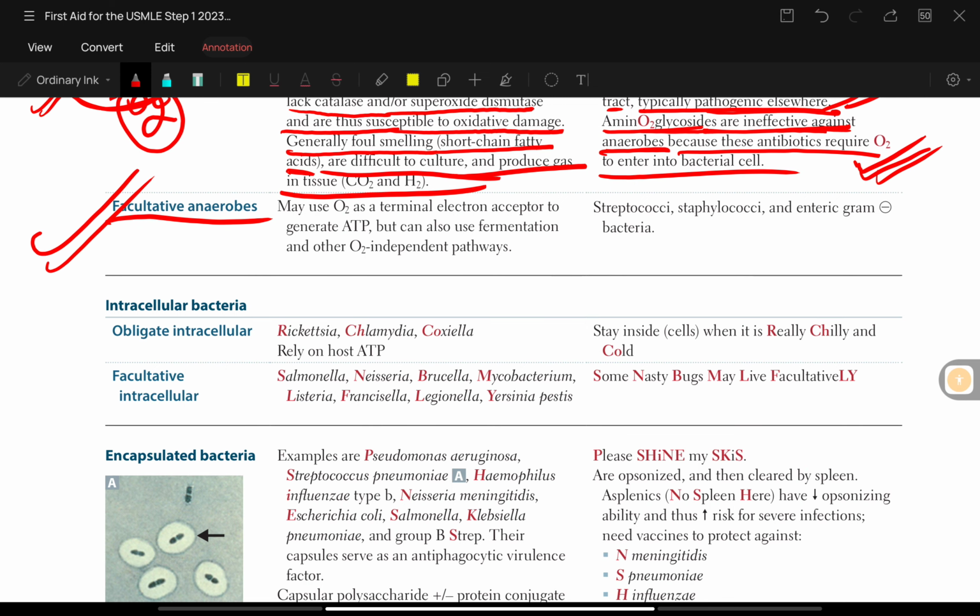Now talking about facultative anaerobes. Anaerobes are generally those which do not require O2. But what about facultative anaerobes?